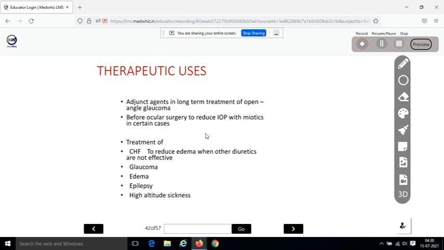Then metabolic alkalosis. In most cases, it is a consequence of decreased total body potassium and intravascular volume or of high levels of mineralocorticoids. Hence, it is administered to correct these underlying conditions.